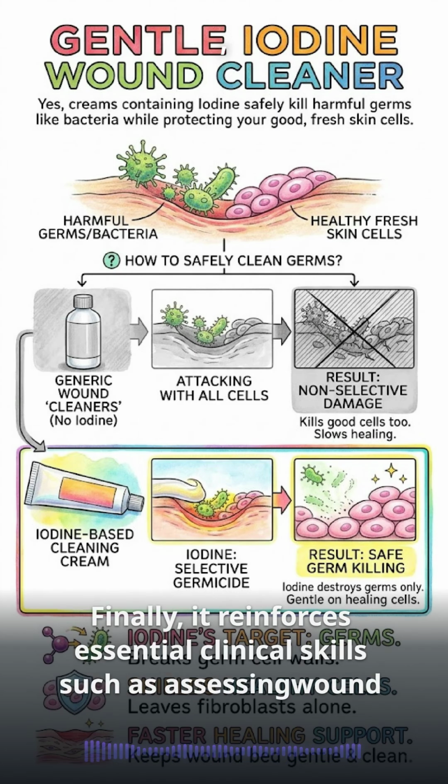Finally, it reinforces essential clinical skills such as assessing wound tunneling using the clock face method, the critical role of nutrition (calories, zinc, vitamin C) in severe healing, and the legal importance of thorough nursing documentation.